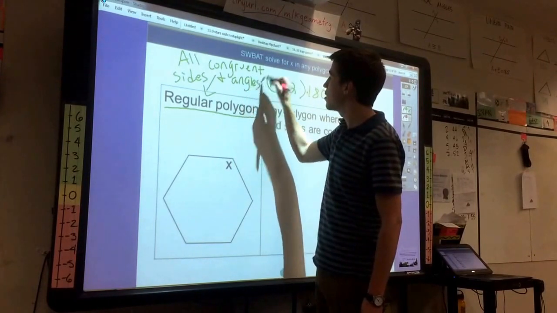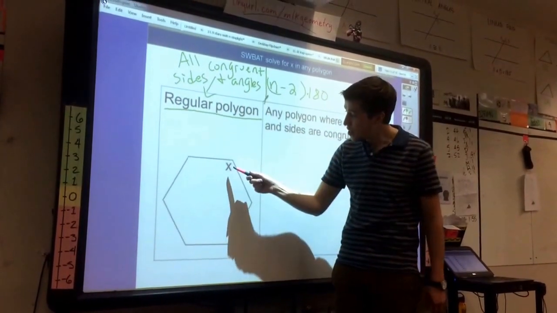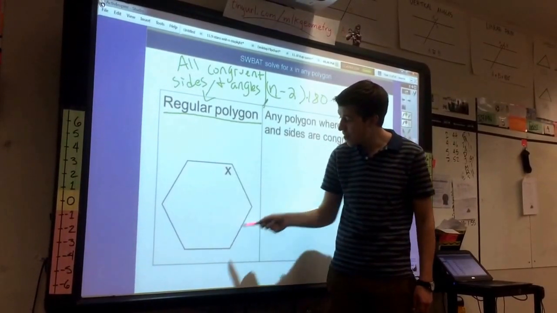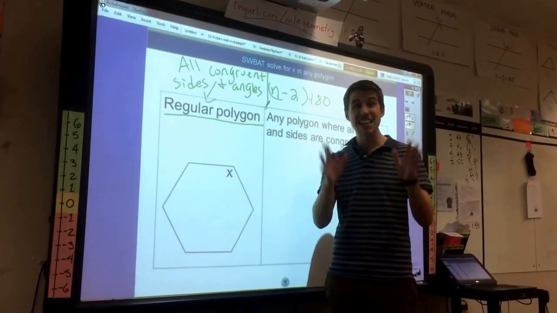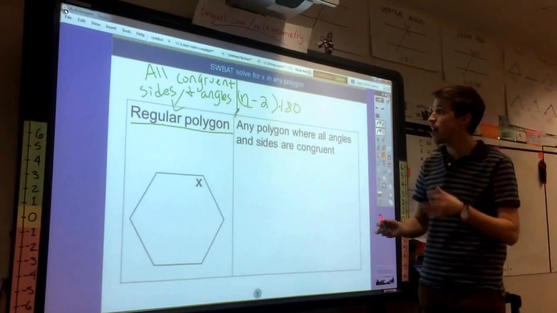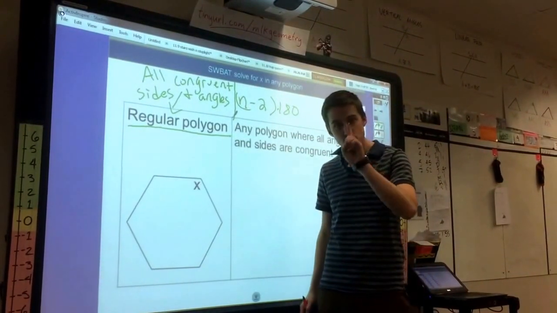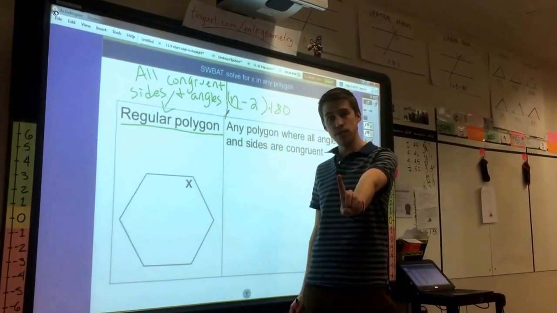So just by telling you that this is a regular polygon, you automatically know these 6 angles are the exact same measurement. It's important moving forward. Because what the actual question is asking here is just what's x? What's the measure of just one of those angles?